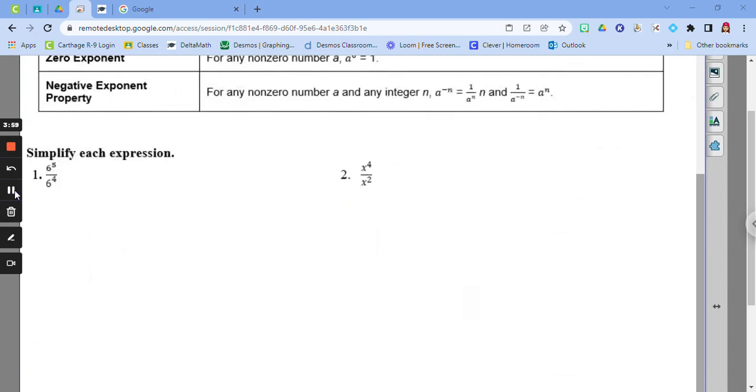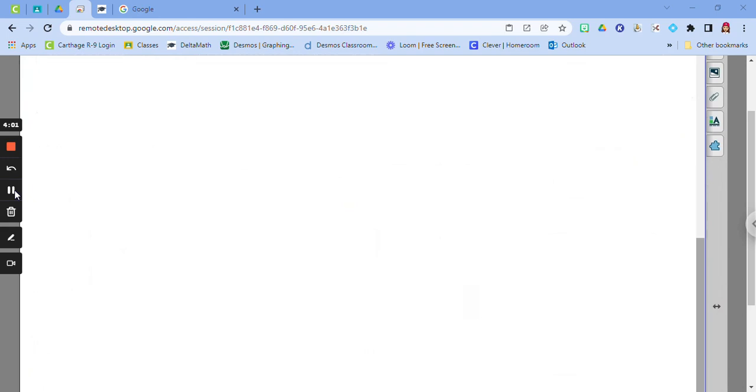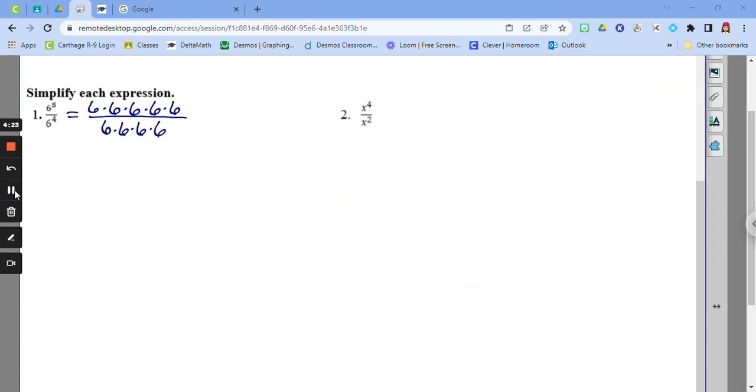So if we simplify this first expression, thinking in terms of, I'm going to just write out how many we have, just to show for the notes. I have 5 6's in the numerator and 4 6's in the denominator.